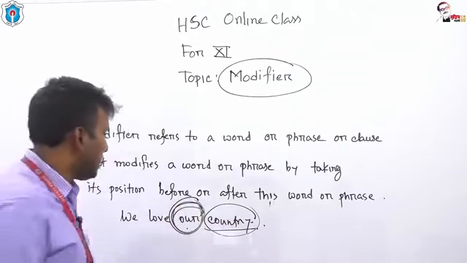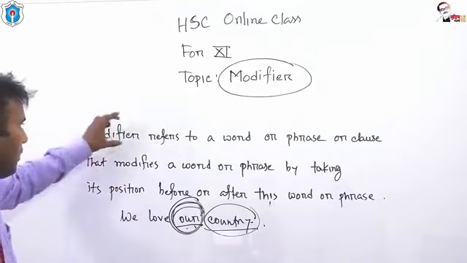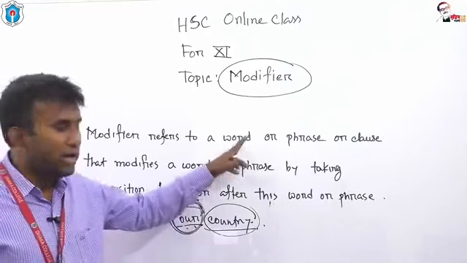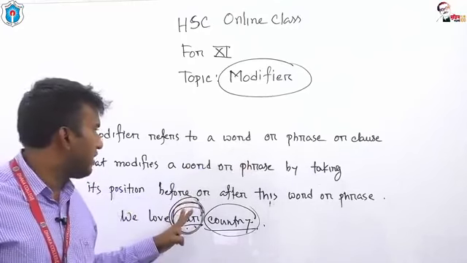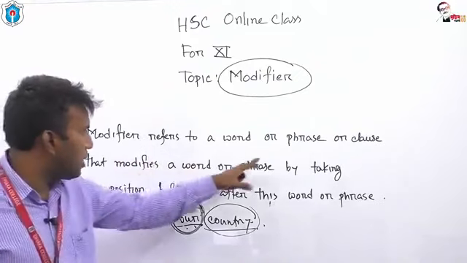Look at my dear students. Here "our" is a modifier. Modifier refers to a word or phrase or clause. Here "our" is a word working as a modifier, and a modifier modifies a word or phrase.